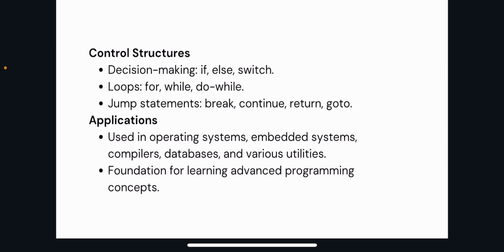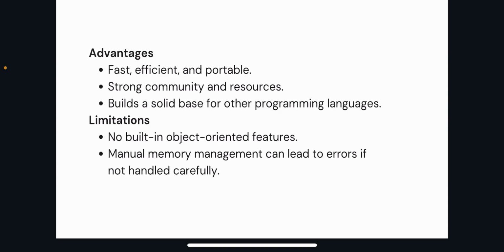Some applications of C programming: it is used in operating systems, embedded systems where we call it embedded C, compilers, databases, and various utilities. It is a foundation for learning advanced programming concepts. Some advantages of C programming include, it is very fast, very efficient and portable.